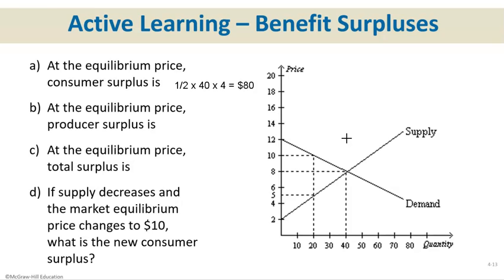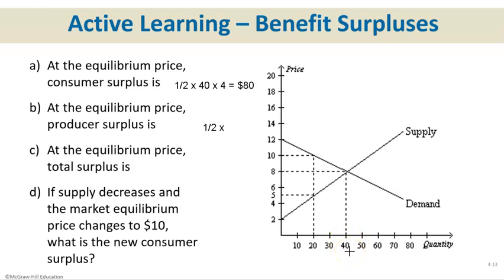Now we're going to do the same thing with producer surplus. So the producer surplus will be the distance between the price line here and the supply curve here. And since we're finding the area of a triangle, we're going to do the same process. So take 1/2 times our base, which is the distance between here and here. Again, it's just quantity.